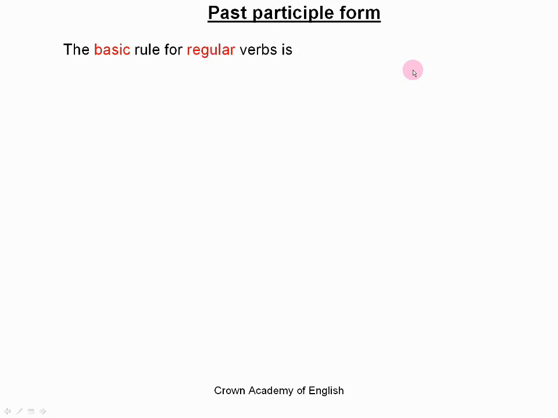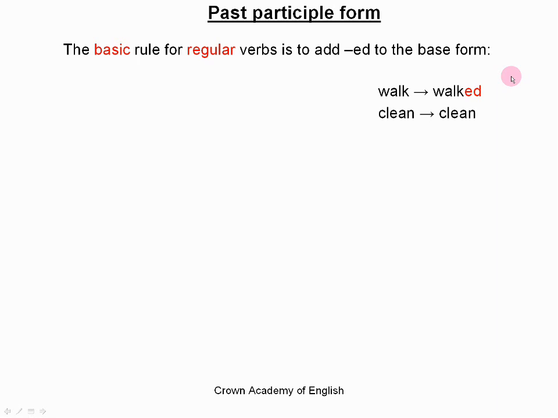Well, the general or the basic rule for regular verbs is to add ed to the base form. Example, walk becomes walked, clean, cleaned. But this is only the basic rule for regular verbs.